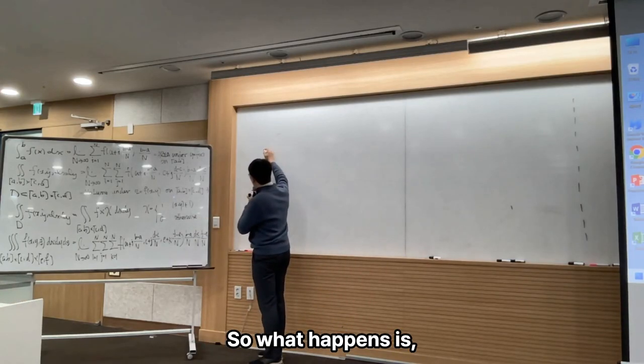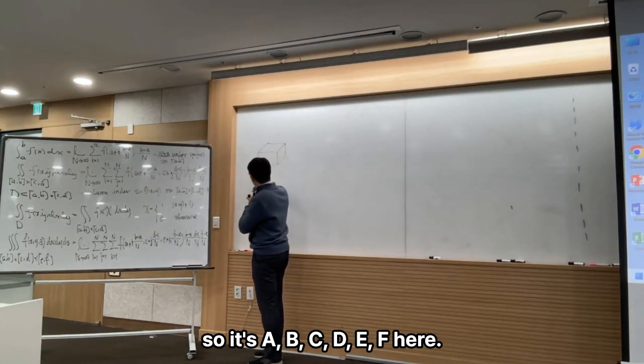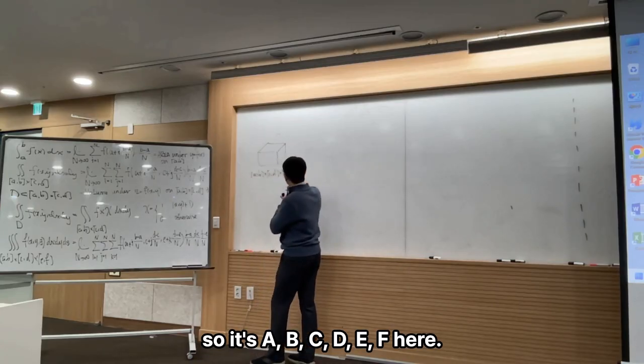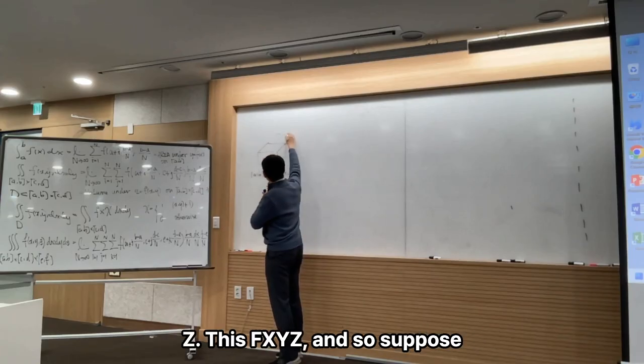So what happens is, let's say we have a three-dimensional cube here. So it's A, B, C, D, E, F here. And at each point, let's say this is X, Y, Z, is f(X, Y, Z).